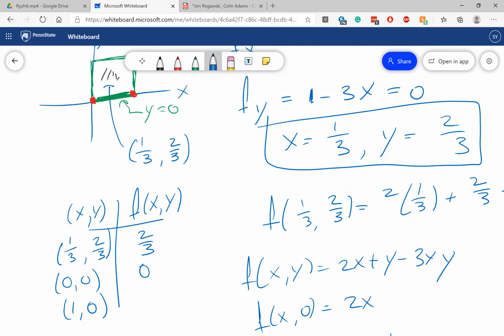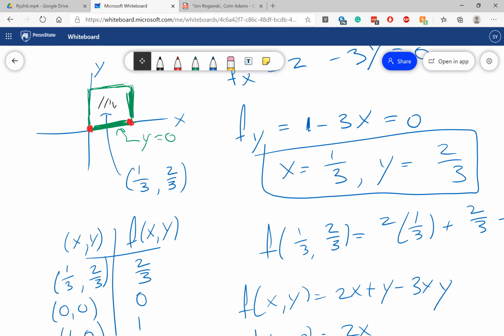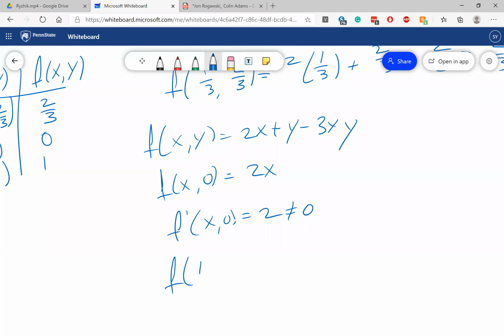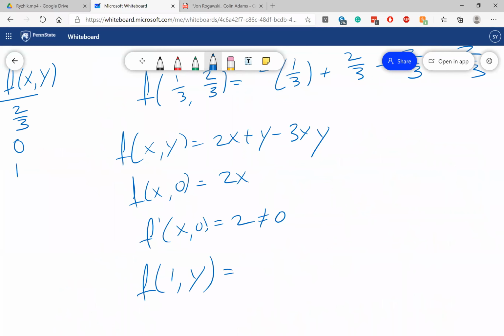Okay, now let's continue with this boundary over here. That is x is equal to 1, and y is y. Y just stays y, right? X over there is equal to 1, y varies. So now this is going to be 2 plus y minus 3y.